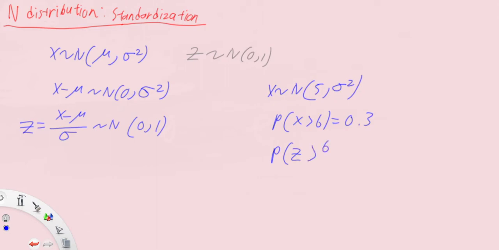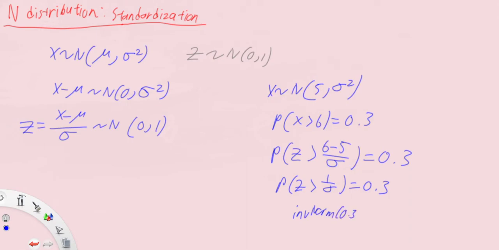So we have (6 minus the mean 5) over sigma equals 0.3. Okay, so we have 1 over sigma. From here we do the inverse norm, because now we have the parameters 0 for the mean and 1 for the standard deviation. So we can now just do inverse norm of 0.3.